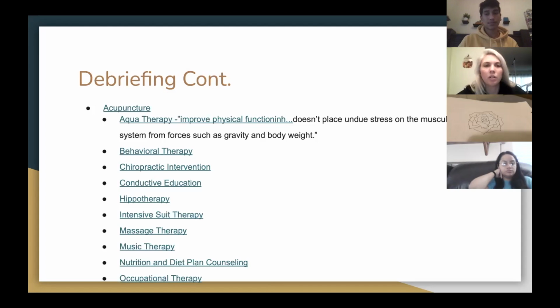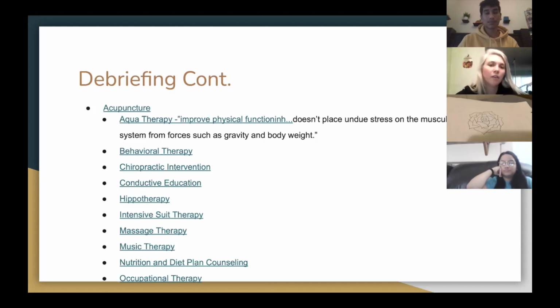We have different ones like acupuncture and aquatherapy, which improves physical functioning. I spelled that wrong. But it doesn't place undue stress on the musculoskeletal system from forces such as gravity and body weight. So it's good to be in water just because, one, we're all floating, but also you don't have to put much stress on the body.